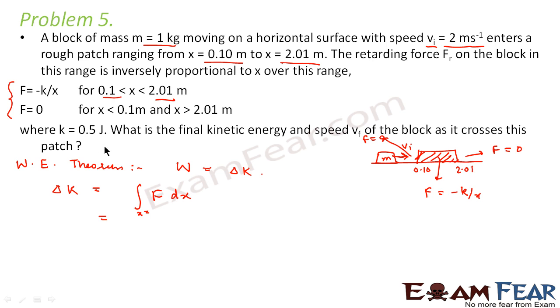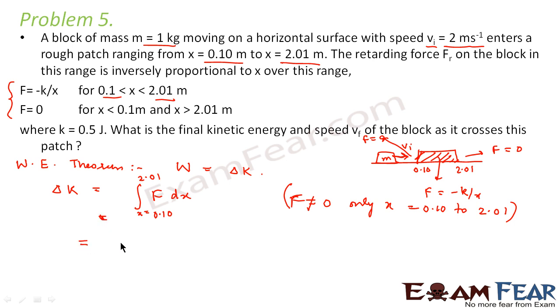But the value of F is equal to 0 for all values of x less than 0.10 and for all values of x greater than 2.01. That means F is non-zero only for the range x equal to 0.10 to 2.01. So we can set the limit as x equal to 0.10 to x equal to 2.01.